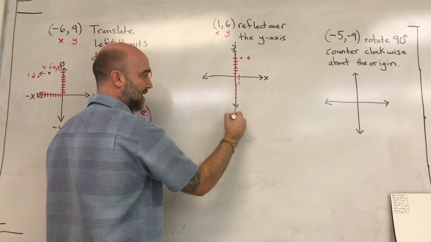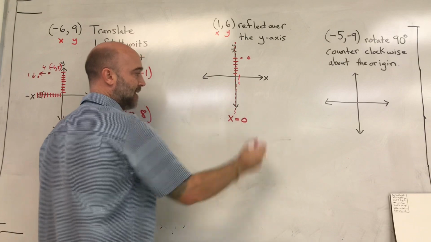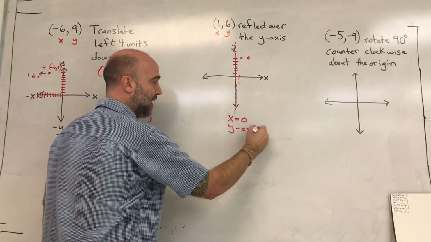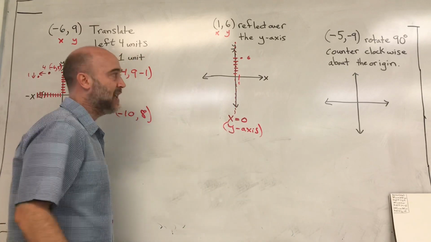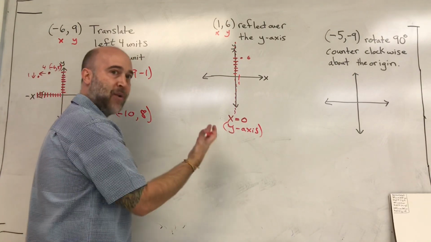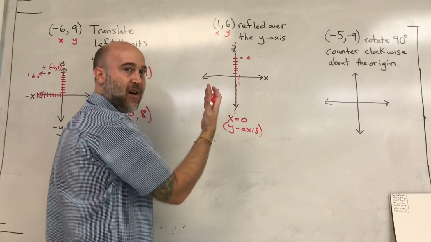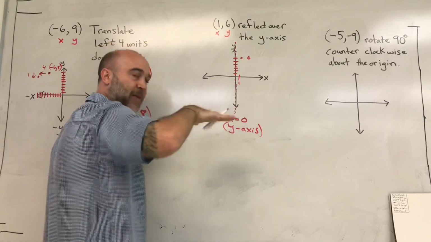It helps to know what the equation of a line of reflection is. It hits the x-axis at 0. So the y-axis is the same as x equals 0. I always like to say if there's only one letter, then it has to be a flat line, flat up and down or flat left and right.